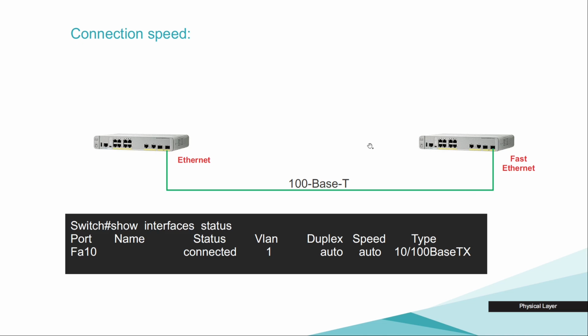So if the other side, which is this side, is Fast Ethernet, the connection speed will be Fast Ethernet. If this interface is an Ethernet, in that case, the Fast Ethernet interface will reduce the speed and become an Ethernet interface because the other side cannot support faster than this.